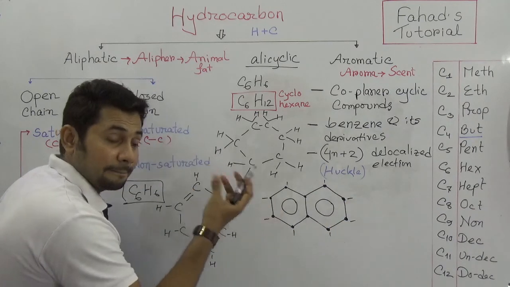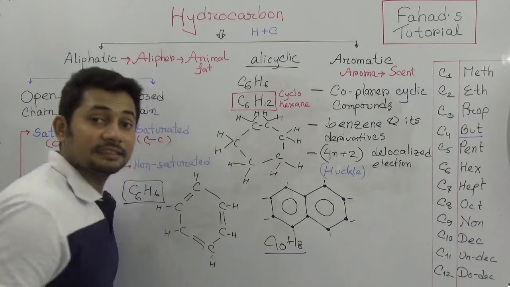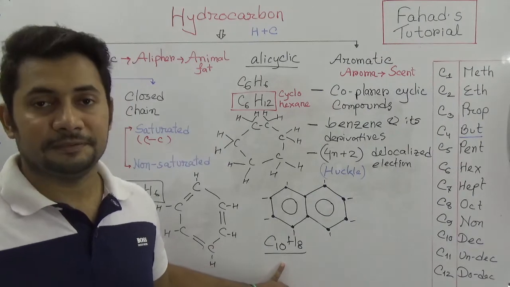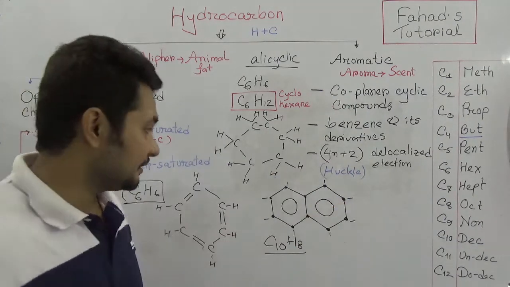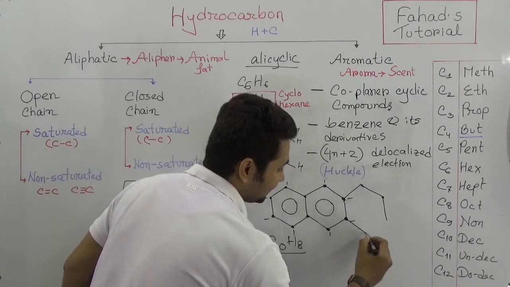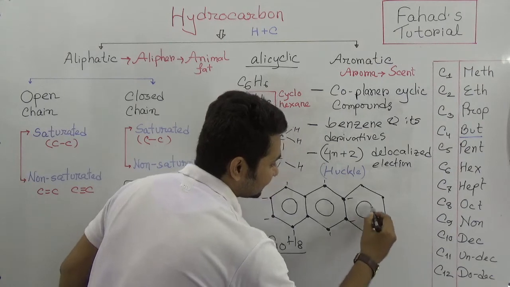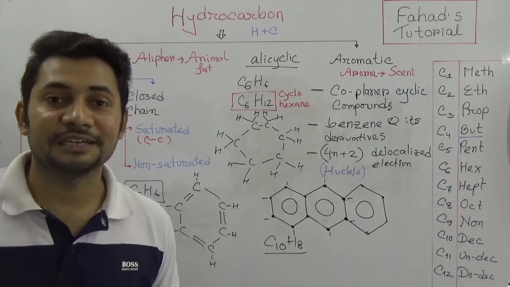So there is C10H8, and this is naphthalene. If there is again another circle added with each, so 3 benzenes together. Now it's called anthracene.